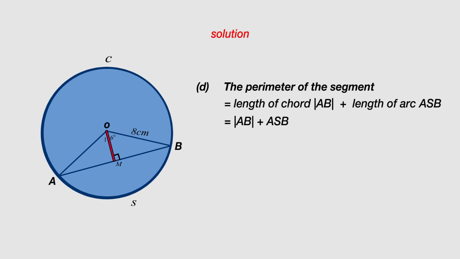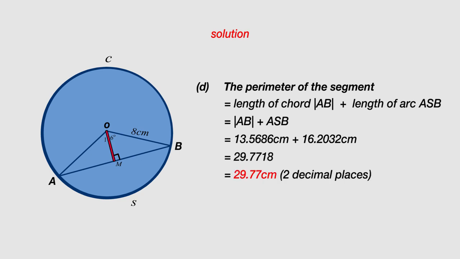So the length of the chord AB is 13.5686 plus the length of the arc, which is 16.2032. When we add these two, we'll get our answer, which is 29.77 centimeters to 2 decimal places. I hope you understand this question.